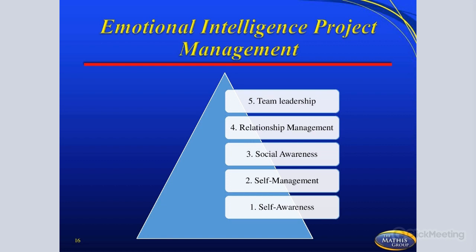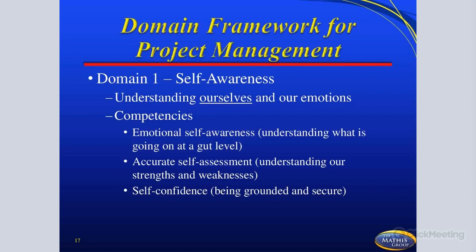So that's what emotional intelligence really focuses on: self-awareness, self-management, social awareness, relationship management, and team leadership. So what do we mean by each of these? This is what we're talking about. Let me define each of these for you.